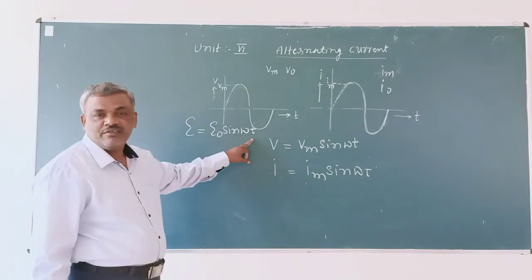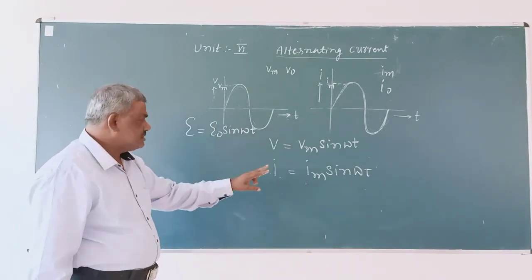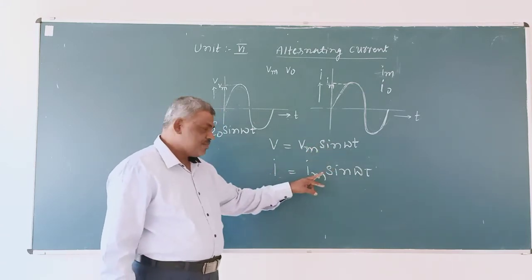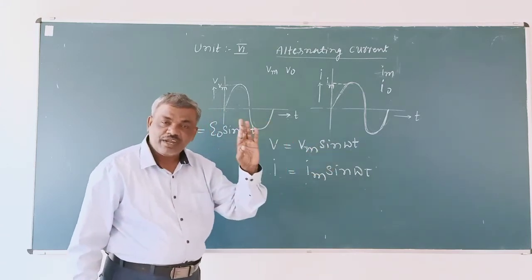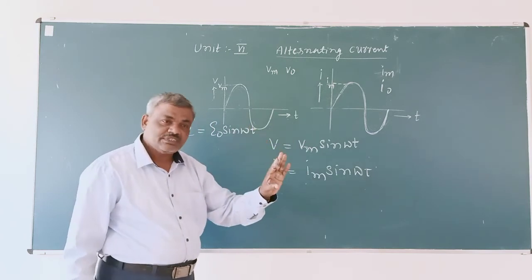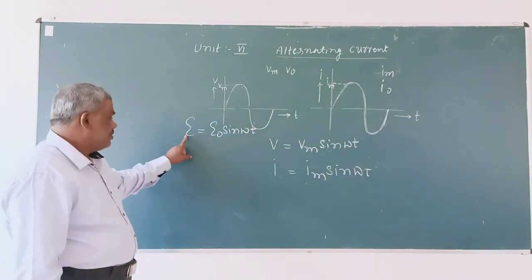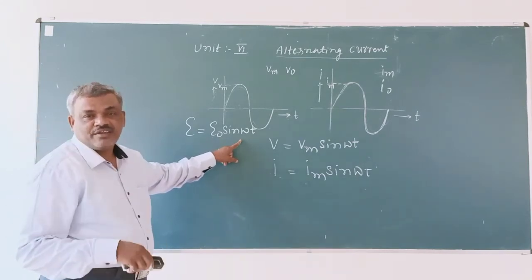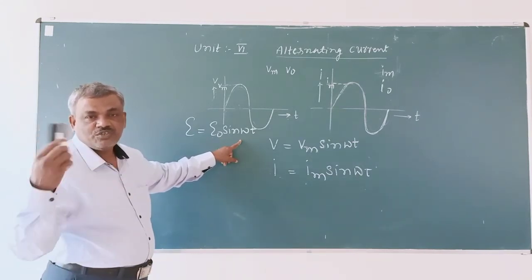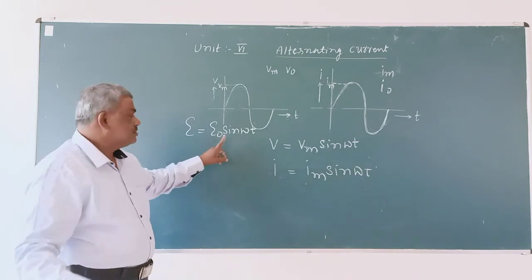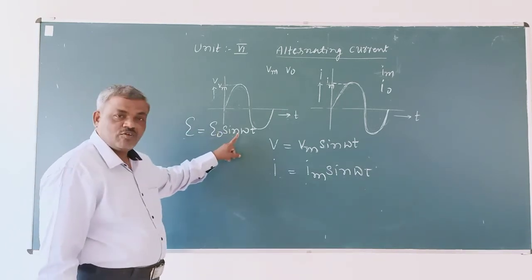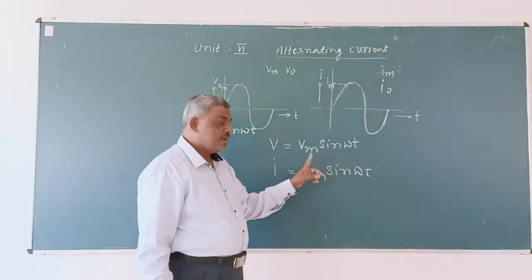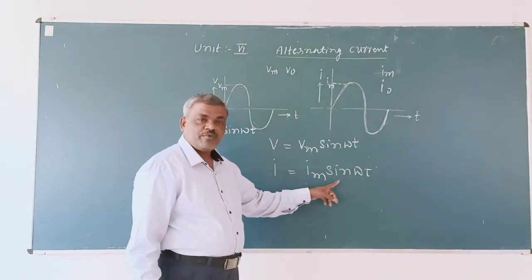So how do we write the two equations V equal to Vm sin omega t and I equal to Im sin omega t? With the help of the formula E equal to E naught sin omega t from the last unit, the AC generator.